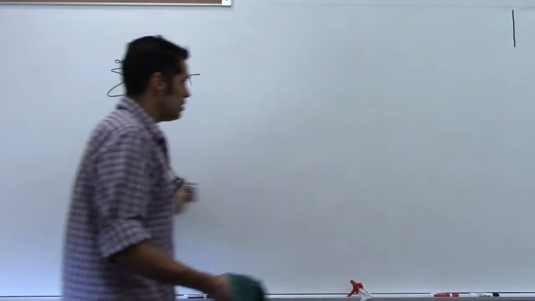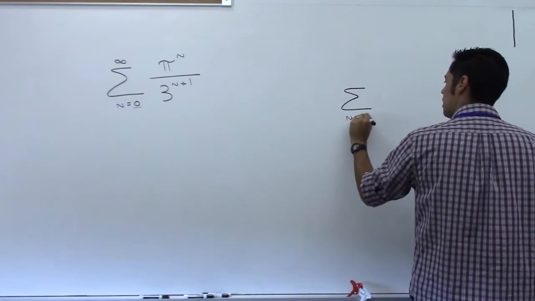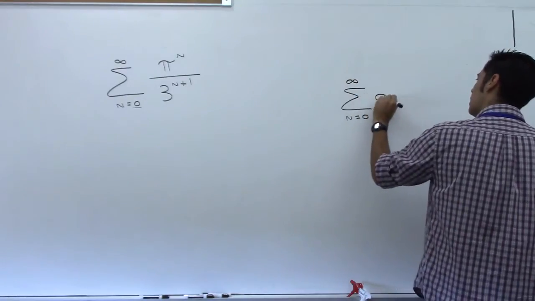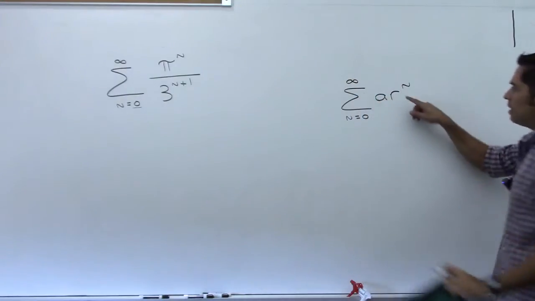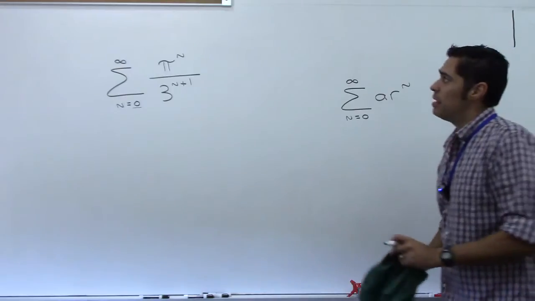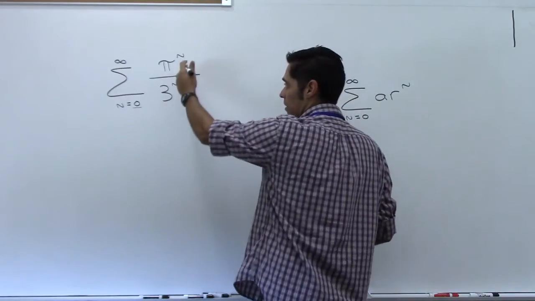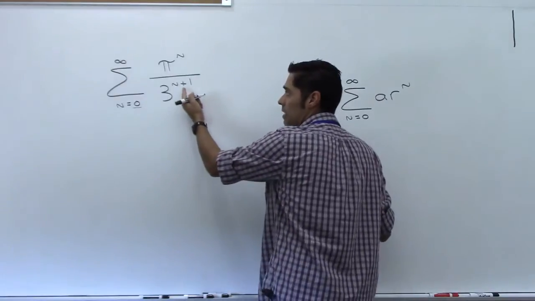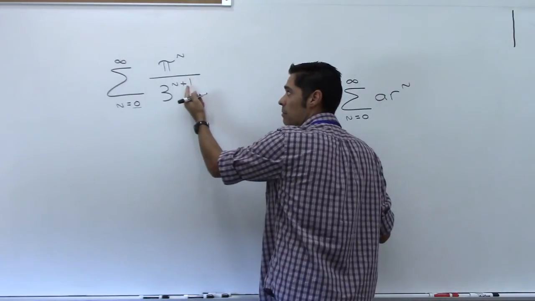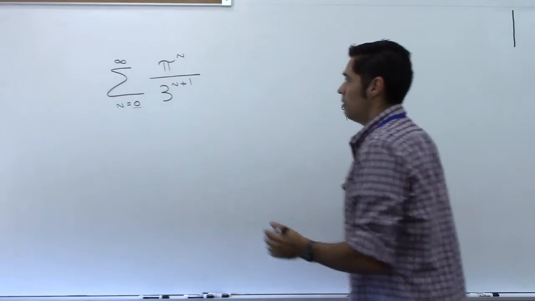If that starts at 0, then the formula we need to make it look like has the n power instead of the n minus 1 power. So I'm going to stick with this, and I'm going to try to make both of these to the n. If I need to make this to the n, I need to subtract 1 from that. So I'm going to subtract 1 and add 1. Check this out.